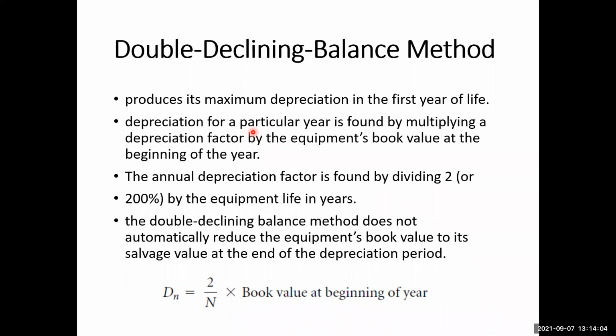Okay, so this is the difference. So this double declining balance means that we get a ratio which is 2, for double, 200%, and then we divide it by n. n is the number of years for which we want the equipment to depreciate.